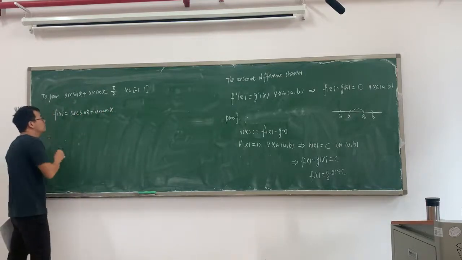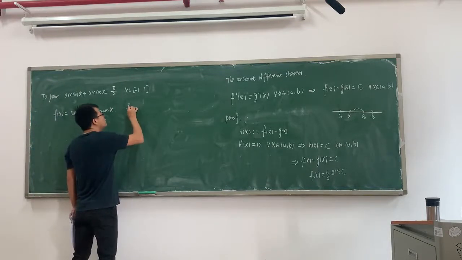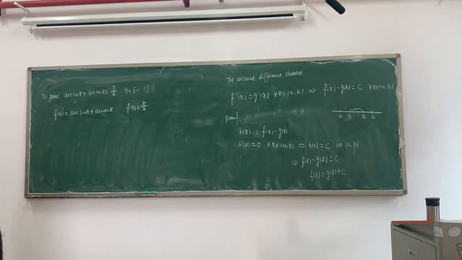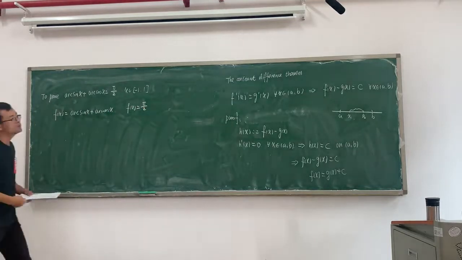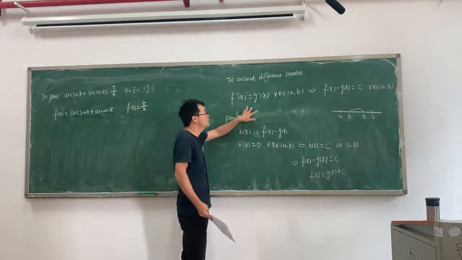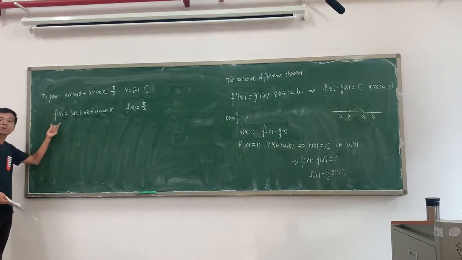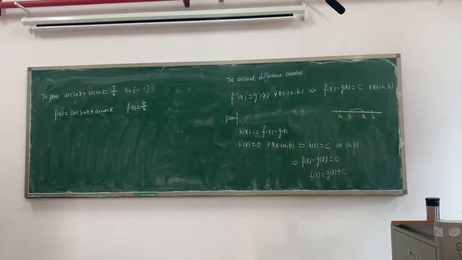We need to prove f(x) equal to 1/2 pi. So we can use the constant difference theorem. We just need to see the f prime equal to 0. If f prime equal to 0, of course f is a constant. So we need to show that f prime equal to 0.